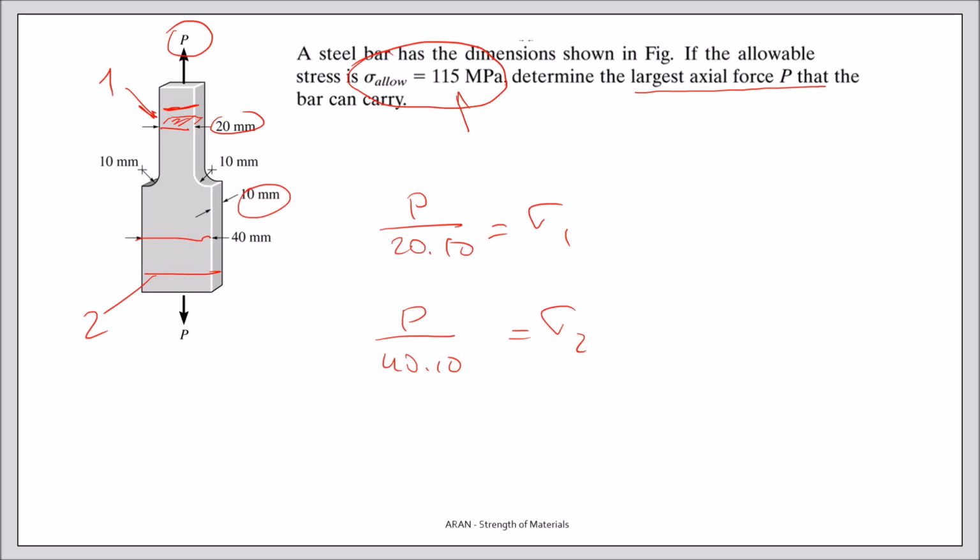But these are sections where we are far away from the cross-sectional changes. We have here a cross-sectional change. We have here a fillet. We must calculate the stress concentration with the help of the graphs we have already shown.